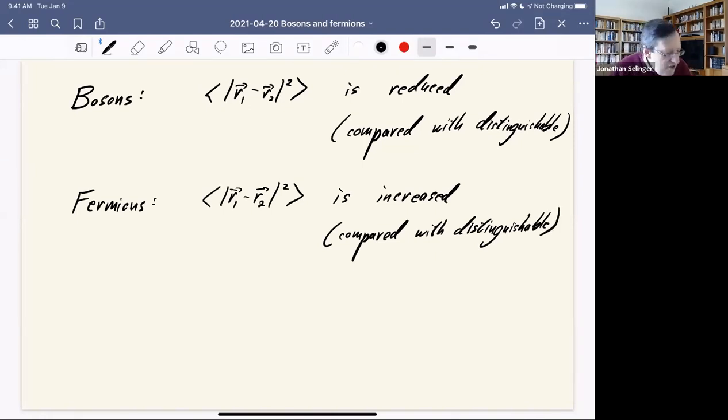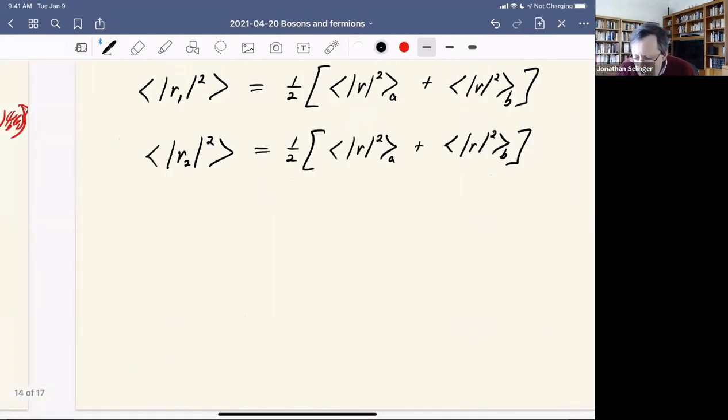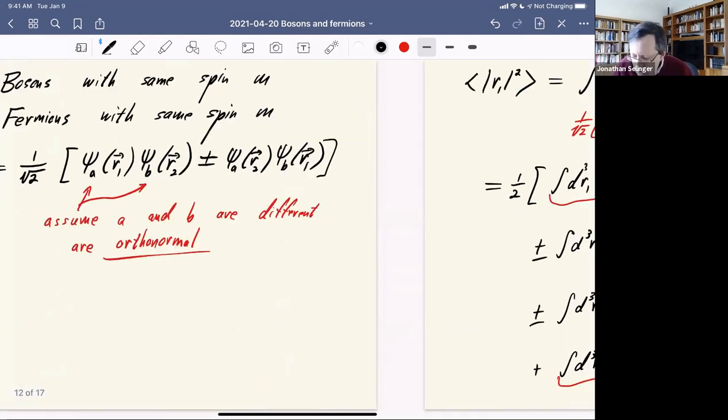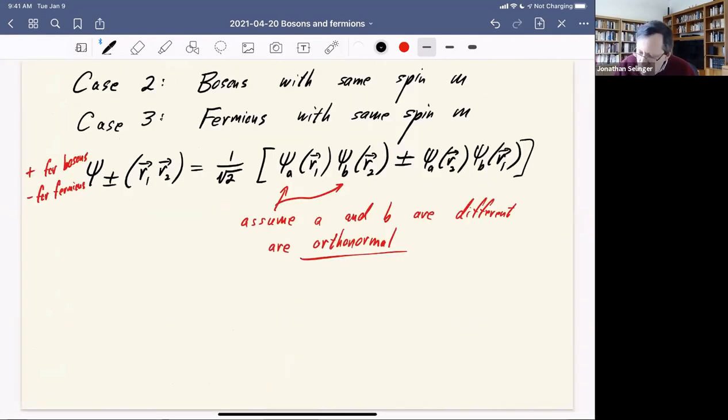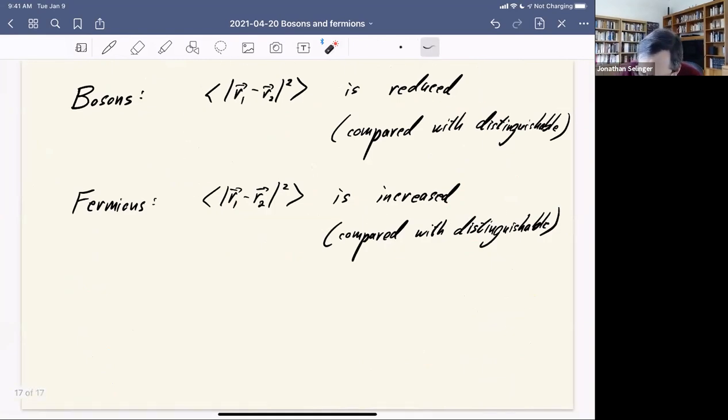Now, I should mention, I haven't talked about spin in this calculation. I've just been writing about wave functions that depend on position, okay? And that's because I've been assuming all along that this is for the same spin state, okay? So I should put that as a proviso here, I guess.